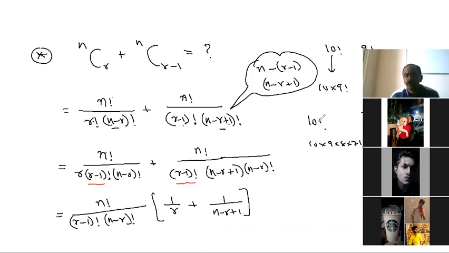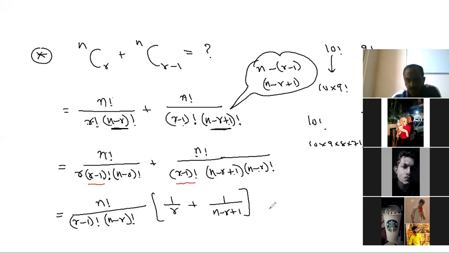Then only I can take common between them. So when I compare r factorial and r minus 1 factorial, r factorial is reduced to r into r minus 1 factorial. Same way, comparing these two, the one that is larger gets reduced by one, so that I can take common.